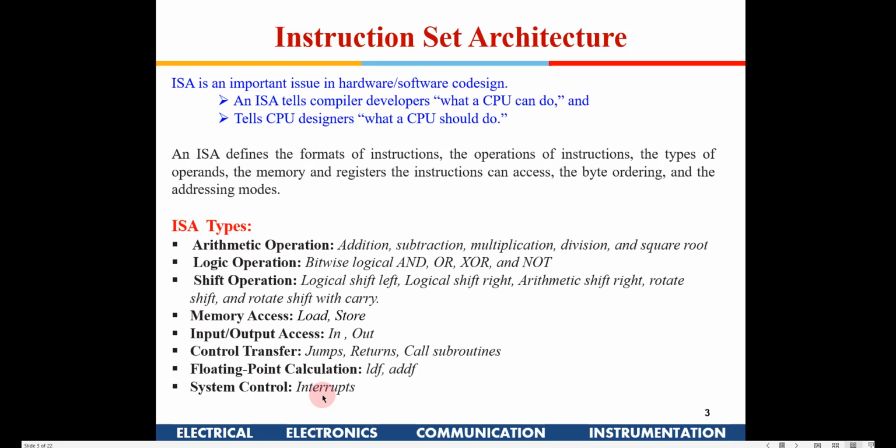It has to now service the device which has called for the interrupt. So it will store the present data of the registers and the program counter into the stack, go and execute the interrupt request, and then come back. That is known as interrupts.